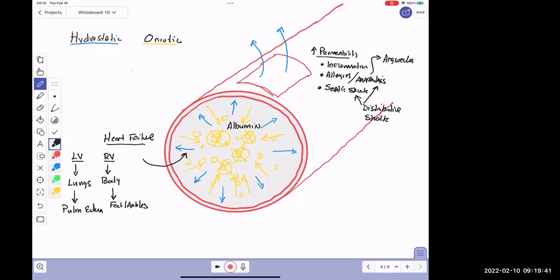And when you lose albumin and you develop something called hypoalbuminemia, low albumin in your blood, that will decrease the oncotic pressure within the blood vessels. And that will mean that the hydrostatic pressure will more easily be able to push fluid out of those blood vessels. So an example of this would be hepatic failure, liver failure.